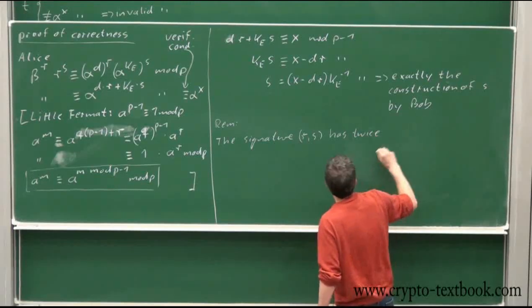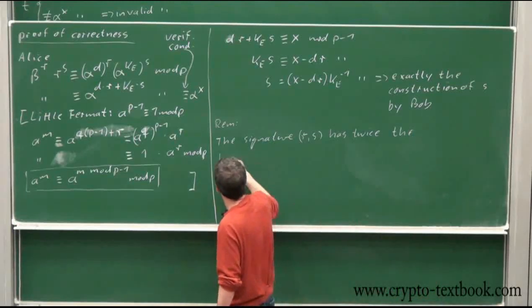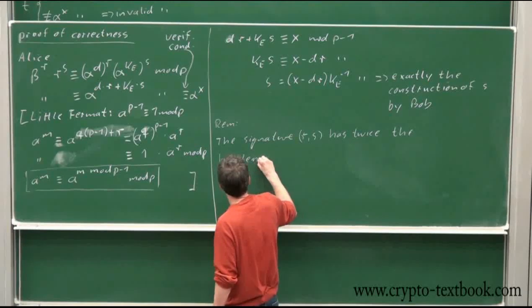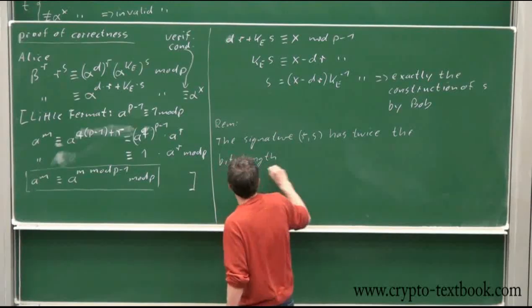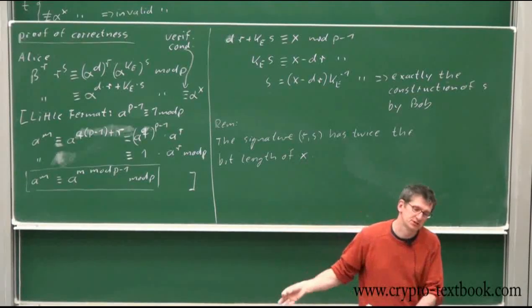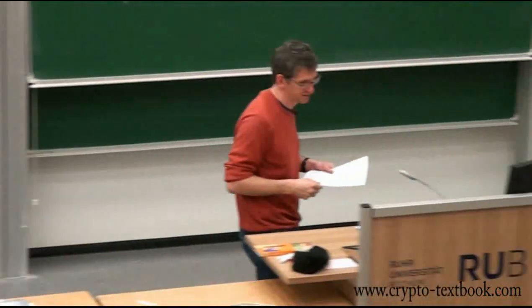It has twice the bit length of x, which is not very pretty, but something we can live with, and I guess we have to live with.